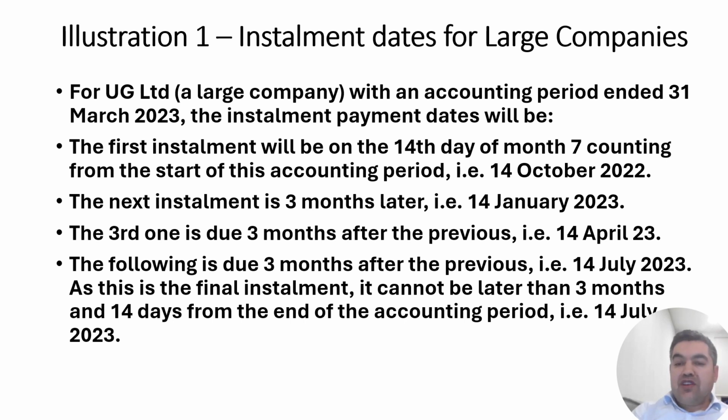Month 7 from the 1st of April will be October. So 14th of October 2022 is the first installment date. The next one is on 14th of January, which is 3 months after the 14th of October. Then the next will be 14th of April. The final one is 14th of July 2023.